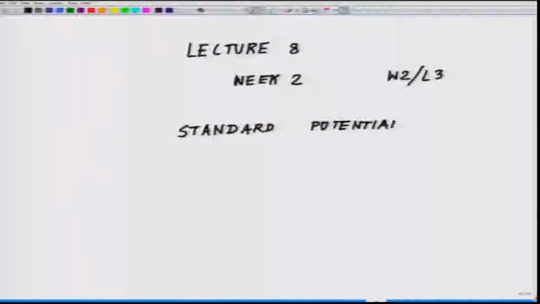Now, talking about standard potentials, let us jot down the objective of what we are trying to understand.